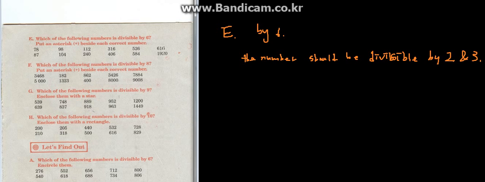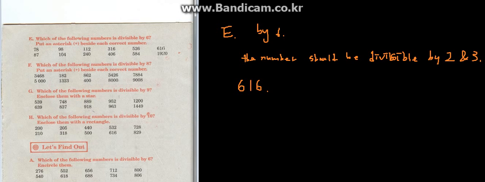To be divisible by 6, the number should be divisible by both 2 and 3. Let me choose 616.